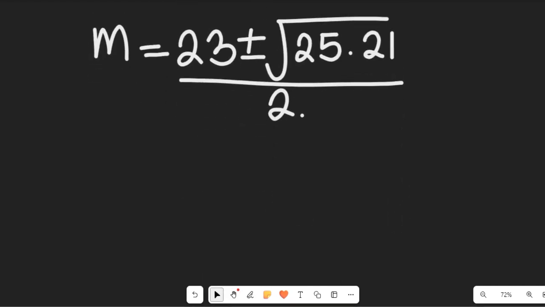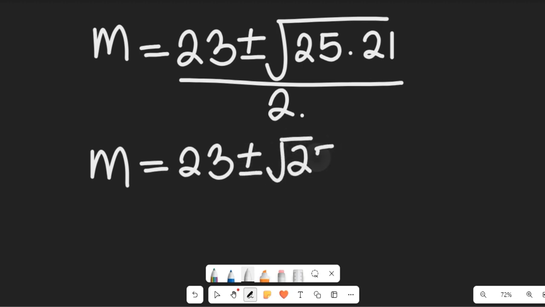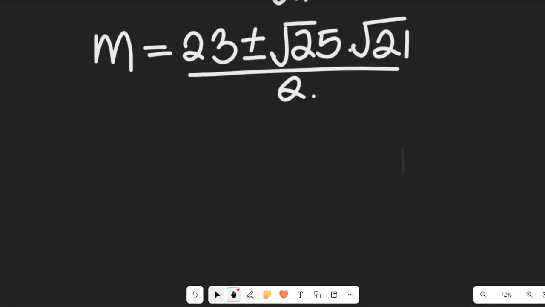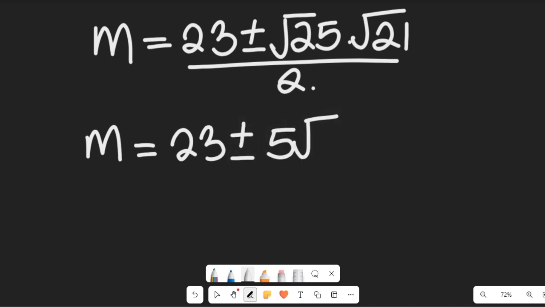From this expression, my m will be equal to 23 plus or minus the square root of 25 multiplying the square root of 21, all divided by 2, and hence we'll have our m equal to 23 plus or minus 5 multiplied by the square root of 21, all divided by 2. This is the simplest expression we can have.